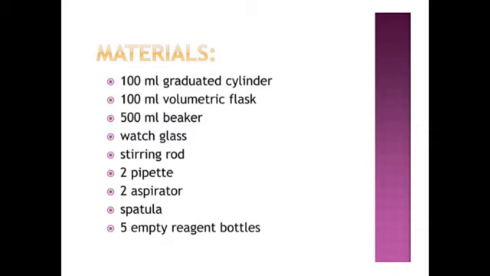You are going to need a beaker. The work of the beaker here is that whenever you get a substance, you first transfer it to a beaker before you transfer it to a standard flask. You are going to need a watch glass. A watch glass is specifically used to collect the base, because they usually come in solids, or what are called pellets.